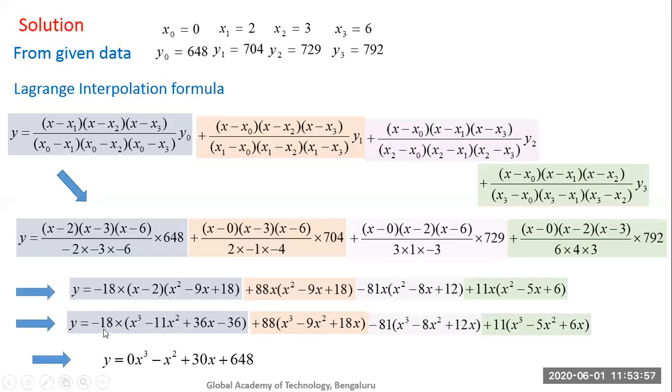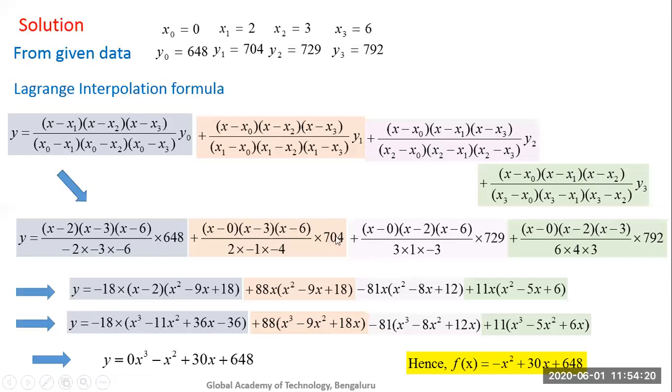We have only one constant term, that is minus 18 into minus 36, we get plus 648. So this is the polynomial using the Lagrange interpolation formula. So f of x is minus x square plus 30x plus 648. This is the interpolating polynomial for the given data using the Lagrange interpolation formula.